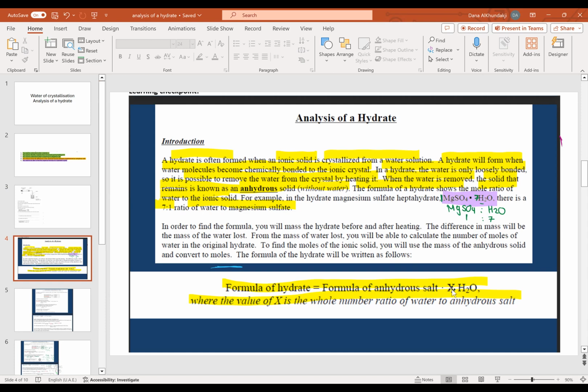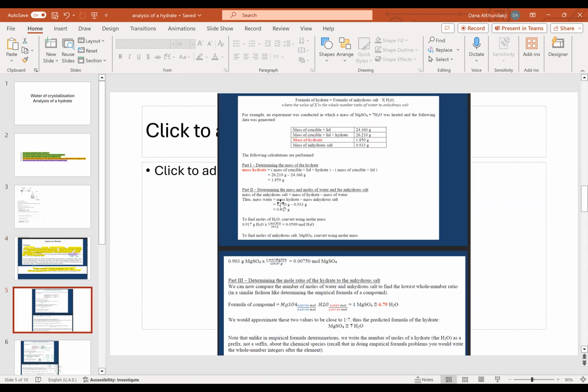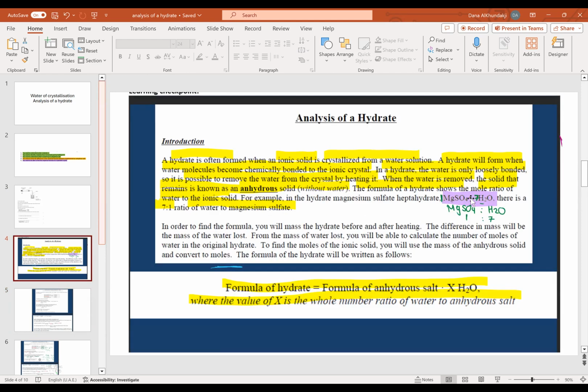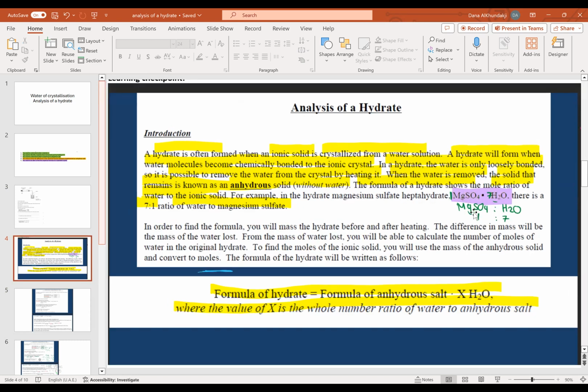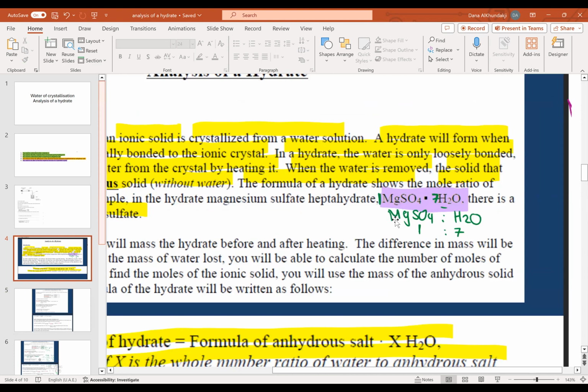Now, X could be any whole number, 5, 7, these are the numbers that come up, for example. Here, I can show you an example. When we say it's anhydrous, the anhydrous is the part without the water. If you look at this formula over here, magnesium sulfate is the anhydrous, whereas over here, magnesium SO4.7H2O is the hydrated salt.